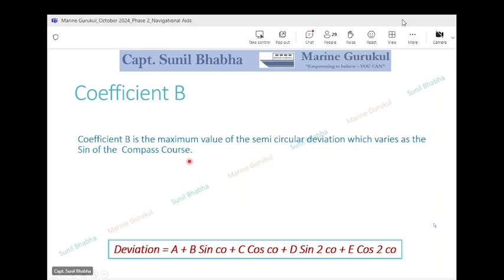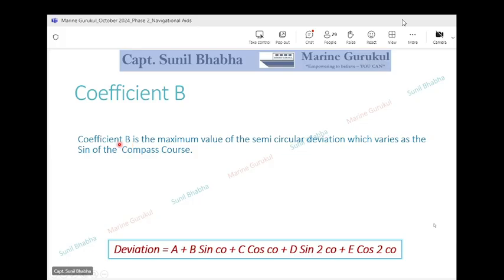Now in the formula which I gave you, what is that part which is proportional to, or which varies as, sine of the compass course? It is the second part of the formula, that is B sine course. Now the maximum value of that deviation is what is coefficient B.